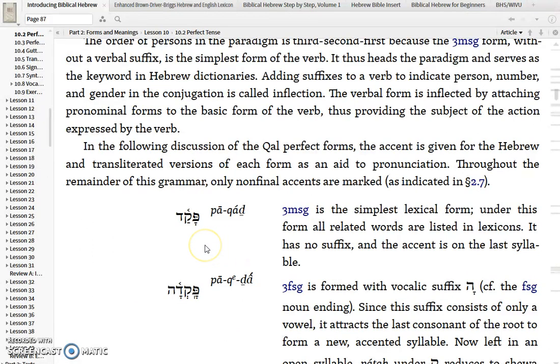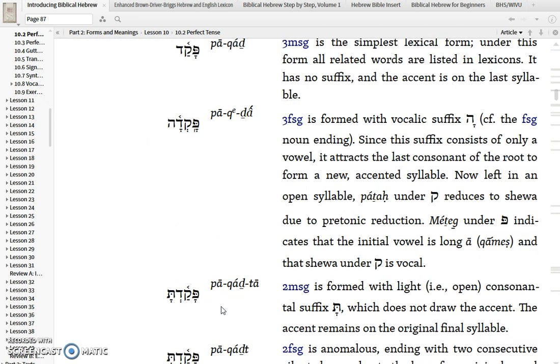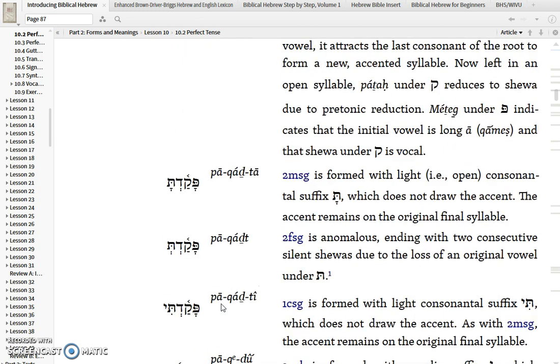It begins with the third masculine singular form because that's the simplest one, pakad, which means he, or it, if it's a masculine singular it, appointed. And then it goes on to the feminine singular, pakdah, and then to the second masculine singular and on down the list.